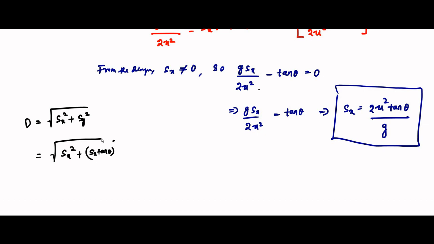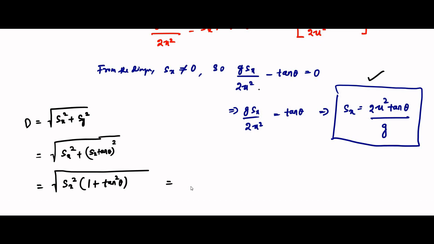We have just substituted Sy with Sx tan theta because we want to bring it in Sx form, because we have got this relationship for Sx. So this is equal to, taking Sx square common, Sx square into 1 plus tan square theta. Now 1 plus tan square theta is equal to sec square theta.